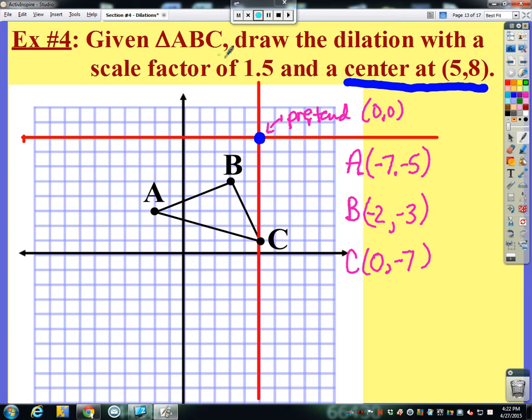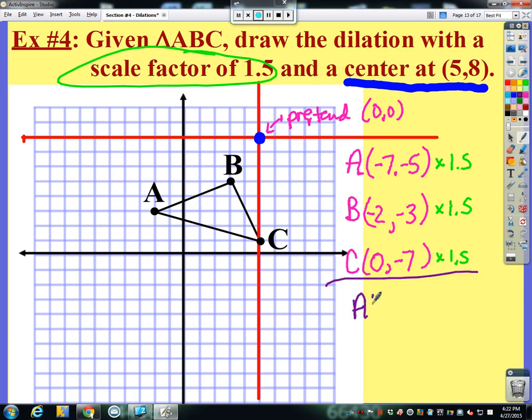So now I can take my scale factor of 1.5 and multiply it by the x and y coordinates of each of these. After I do that, A prime would end up at negative 7 times 1.5, which is negative 10.5, and negative 5 times 1.5, which is negative 7.5.